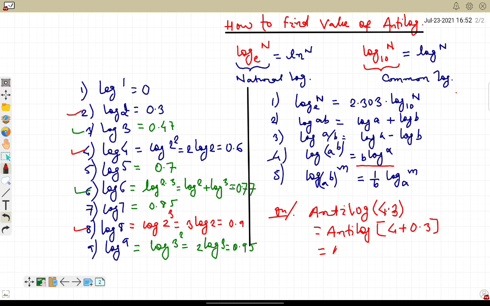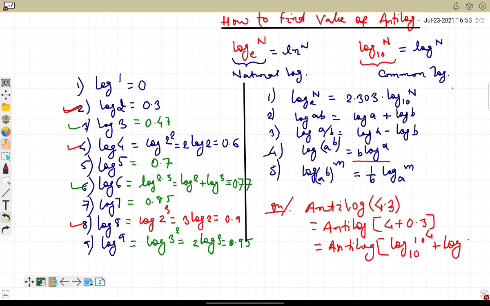Next, try to find the values written in the bracket in the form of log. So how can we write 4 in terms of log with base 10? We can write 4 as log 10 raised to the power 4 with base 10. And what is the value of 0.3? You can check, 0.3 is log 2. So we can write log 2.